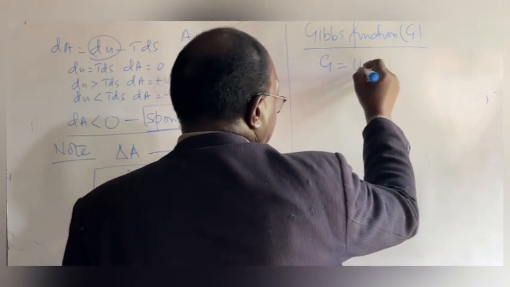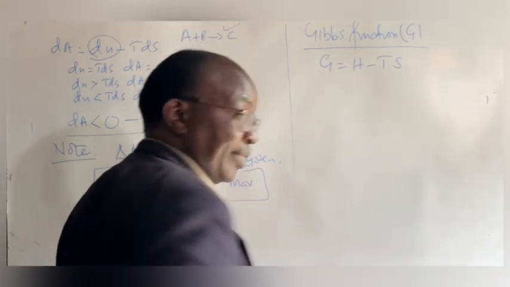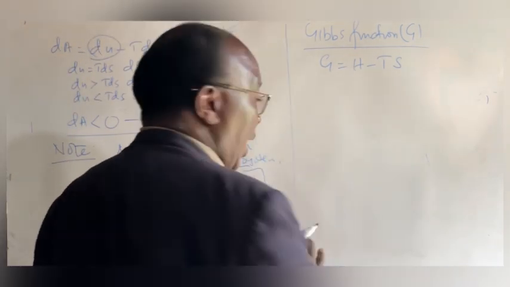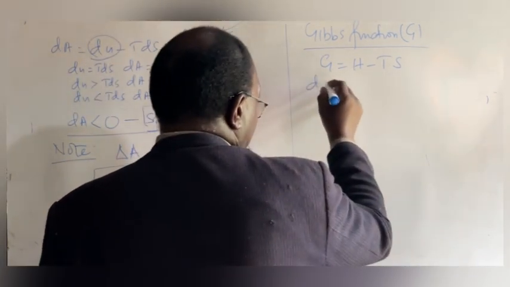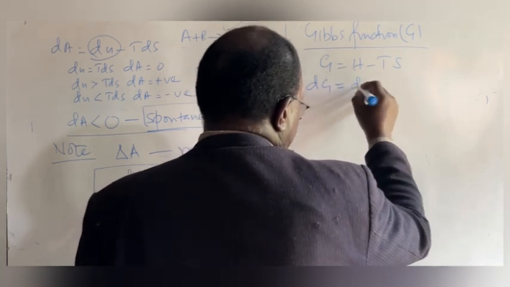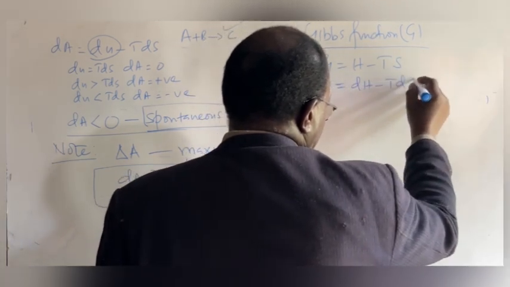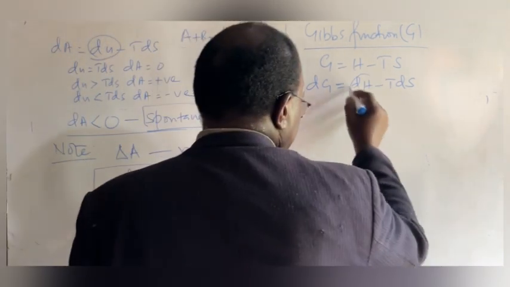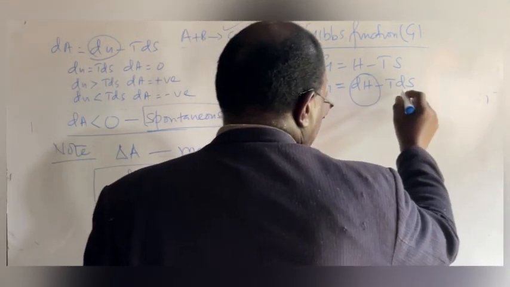G is equal to H minus TS. And so, again, when you look at the change in the Gibbs free energy, dG is equal to dH minus T dS.